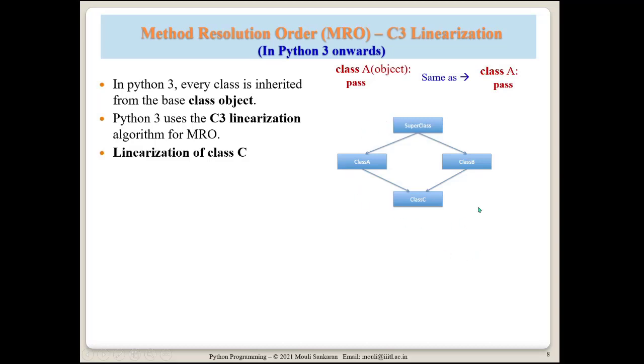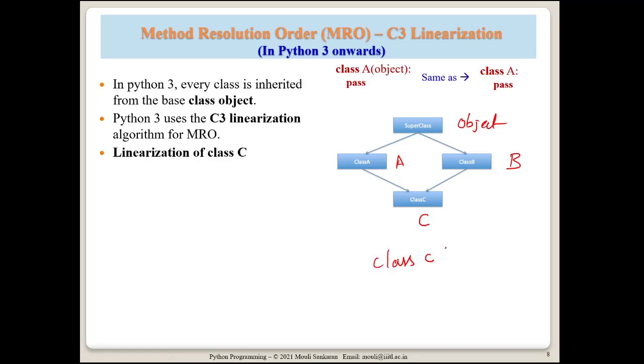Now let us look at the same diamond problem. I'm going to call this the small object, and this is class A, this is class B, and this is class C. Looking at the diagram, I am sure you will know how the multiple inheritance happens here.